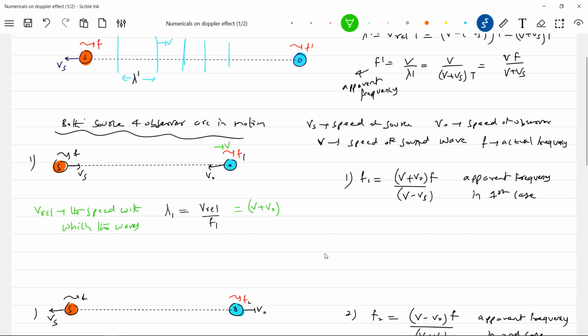The speed with which the waves approach the observer. What is F1? F1 is what we have calculated here: V minus Vs. So this will become V minus Vs by F. This is the apparent wavelength.